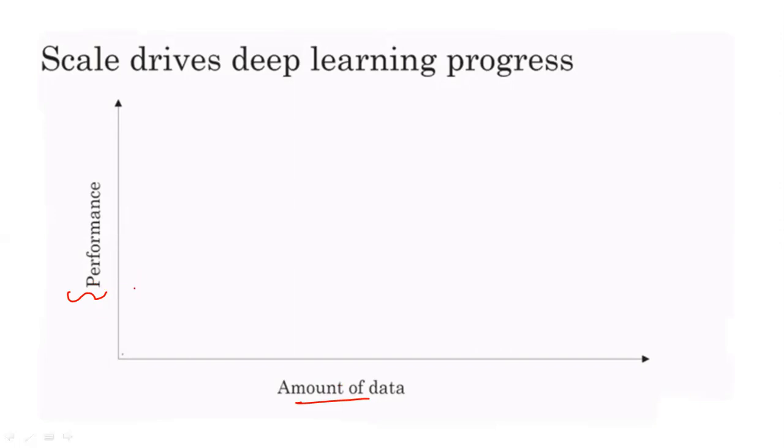Suppose we train an algorithm, and how much accuracy this algorithm has achieved while training represents the performance of the algorithm in correspondence to the amount of data that we are using. So let us draw a curve on this graph.